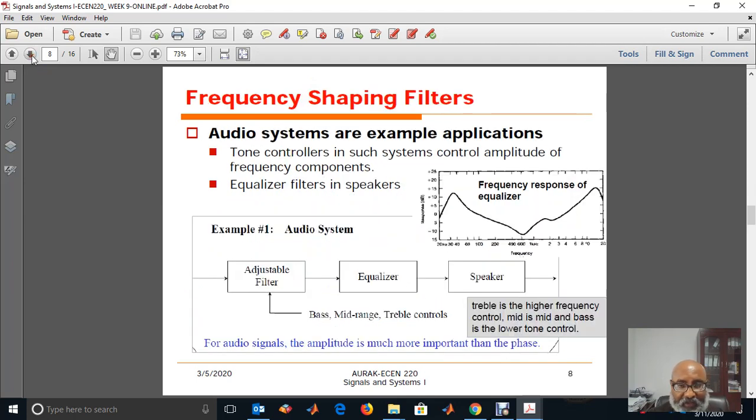Where do we find filters? We find them in many electronic devices and communication devices. For example, radios. When you are listening to a certain channel on the radio, you are tuning. So when you are tuning, what you are doing is selecting a certain frequency.